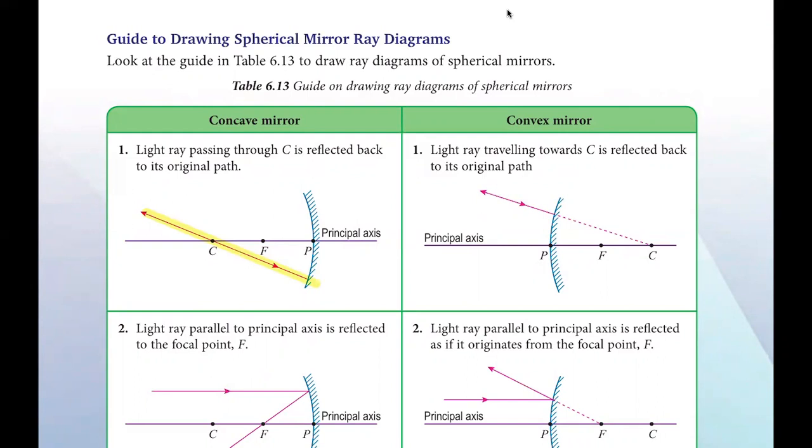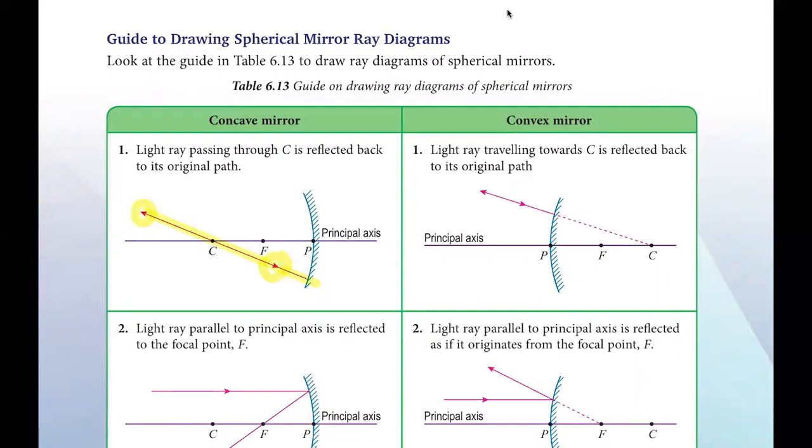If you don't draw the direction of the arrow, you will lose 1 mark from the 3 marks.